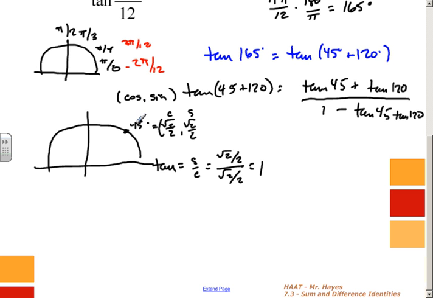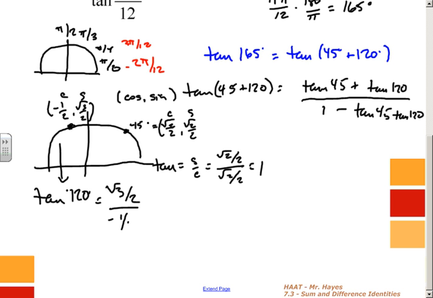At 120 degrees, I'm up over here. The coordinates there are negative 1/2 and root 3 over 2. So again, cosine, sine. Tangent of 120 degrees is going to equal root 3 over 2 over a negative 1/2. So that's going to equal a negative square root of 3.